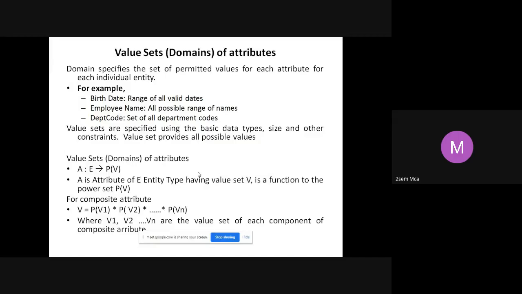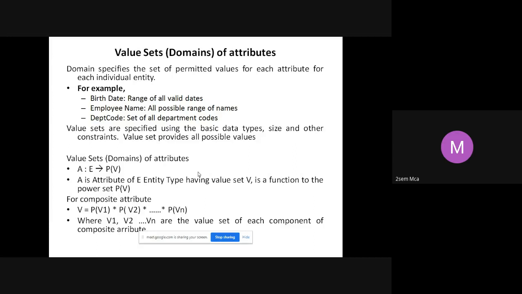So for each attribute, you will have some kind of a domain. For example, let us say the name of a student. I say it should have only alphabets. I don't want any numericals coming in the name. So any combination of alphabets is a permitted value for the name. Now I don't want anybody to be called Louis IV, Louis III, John II.